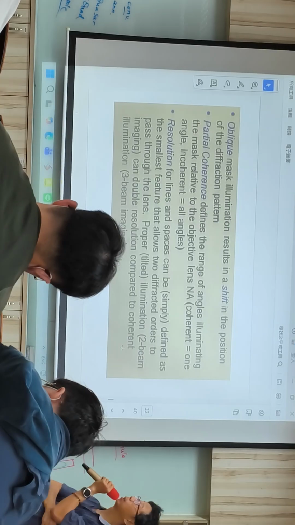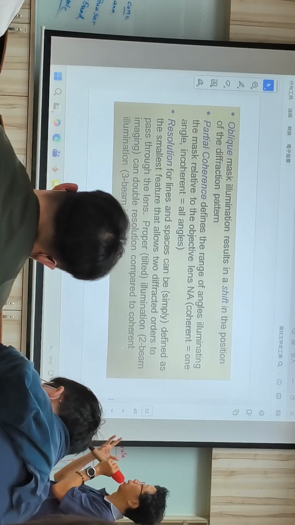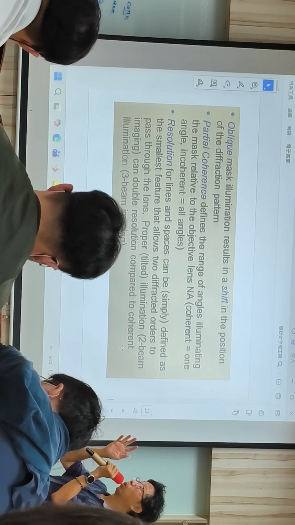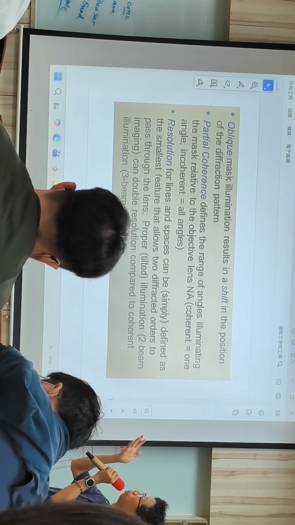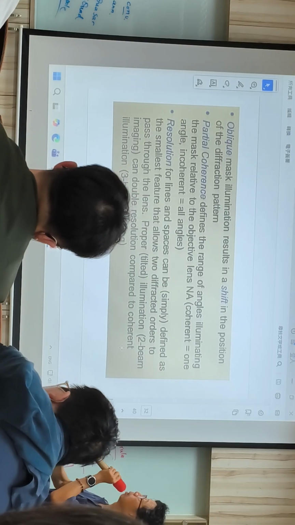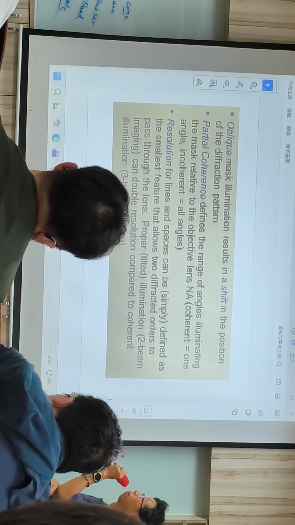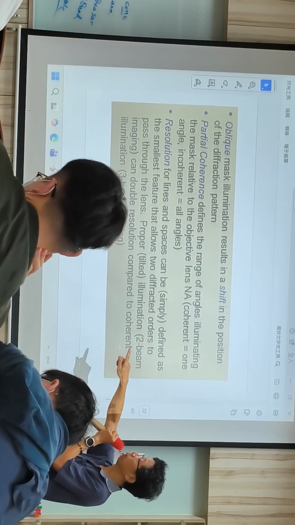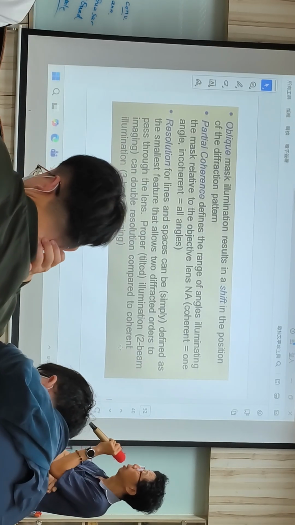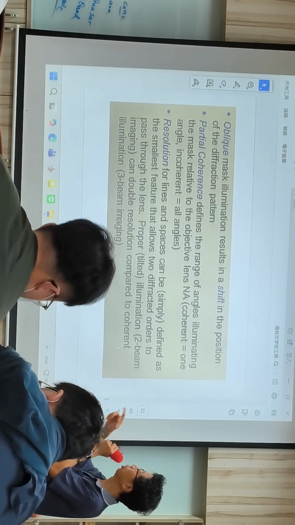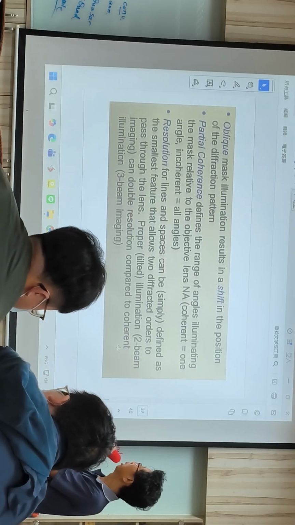This is just some imaging term explanation. OAI is oblique illumination, so it will cause a shift in the position of the diffraction pattern. And partial coherence, as I mentioned, we have the sigma in and out that define the range of the illumination angle.